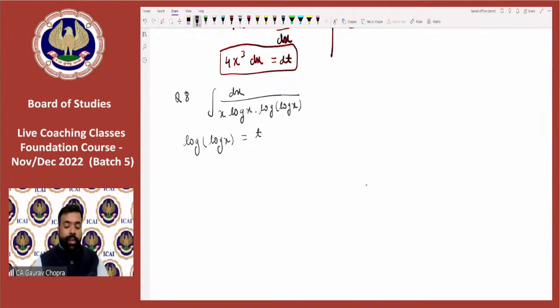Since it is function of a function, we have to apply the chain rule. So for this log, it becomes 1 upon log x. Now, derivative of this log x is 1 upon x. So it becomes 1 upon x log x is equal to dt by dx. So here again, in place of dx upon x log x, we can write dt.